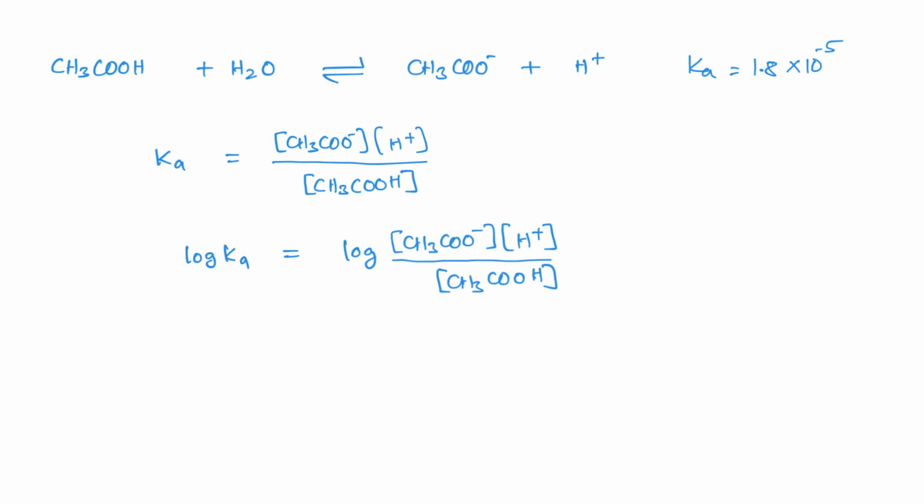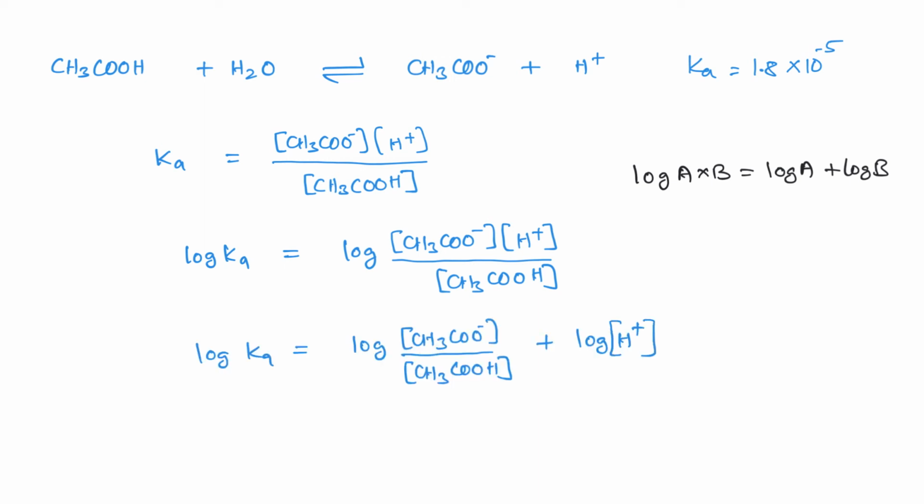Log Ka is equal to log of concentration of acetate times concentration of H+ divided by concentration of acetic acid. We know that log A times B can be written as log A plus log B. I'll use this formula to manipulate this equation.